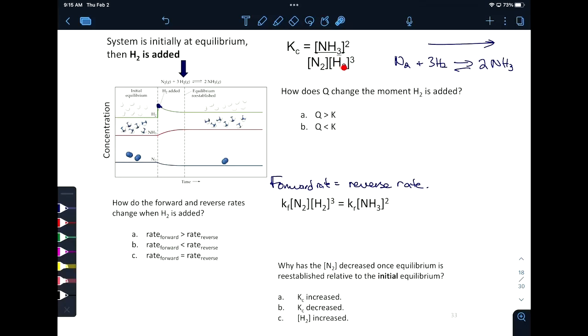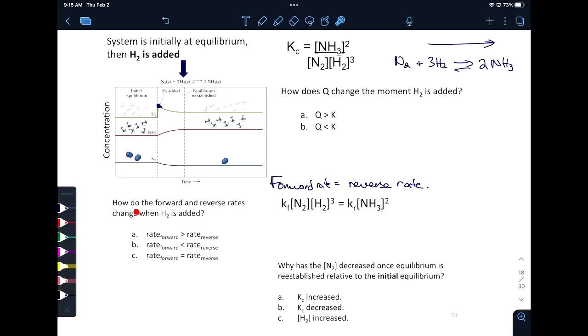We're consuming some of that hydrogen and producing some NH3 to reestablish K. But remember stoichiometry: if we add H2 and the reaction goes forward, we also consume some N2 at the same time, until we reestablish equilibrium again, past this point. And so those are the details here.